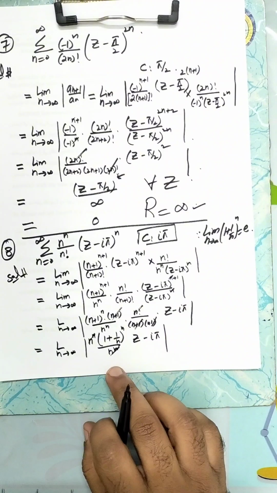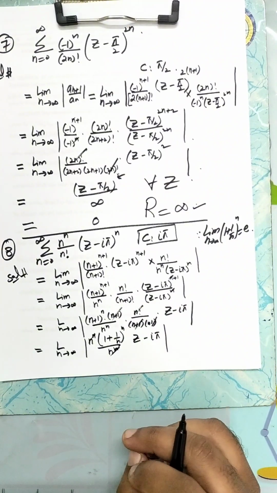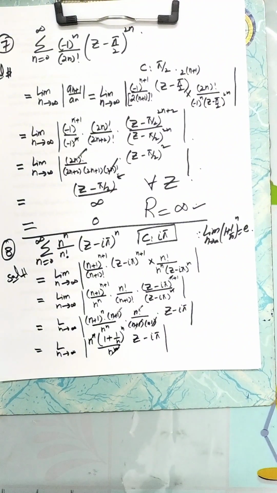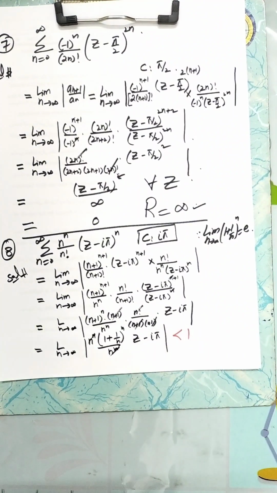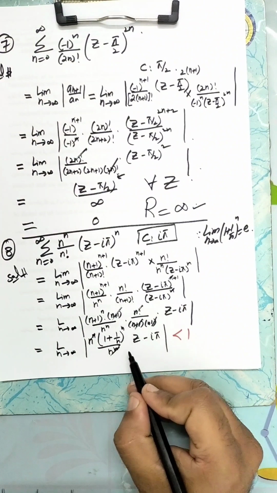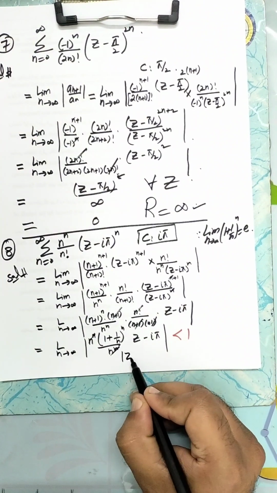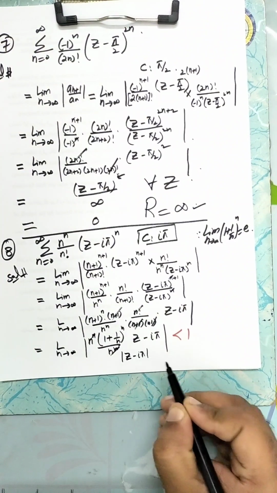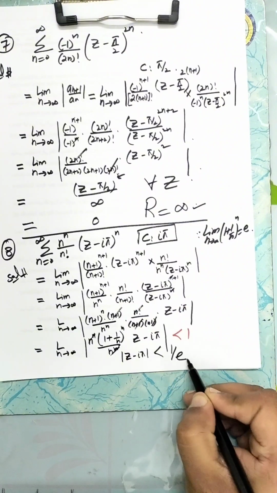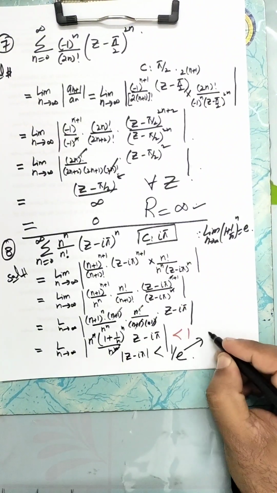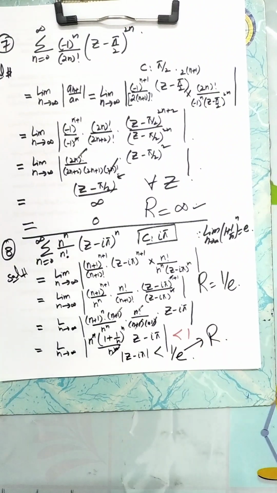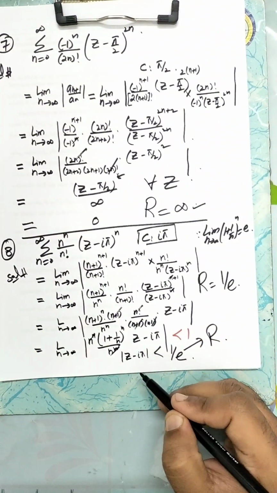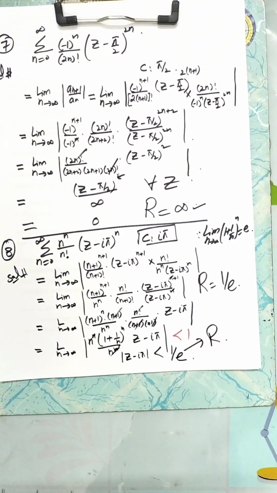And we know that the Cauchy ratio test converges if its limit is less than 1. So this is simple, we put here e, and this becomes mod of (z minus iota pi) less than 1 over e. So this is its radius. So 1 over e is the radius, and iota pi is the center of our power series.